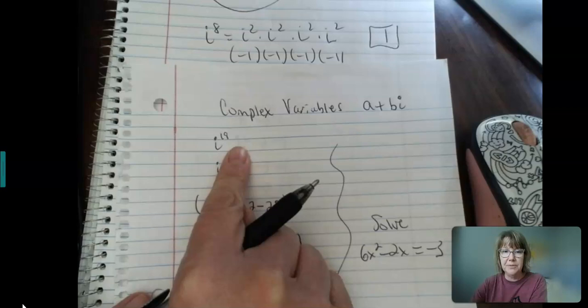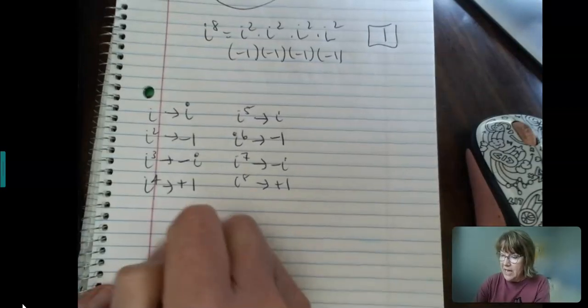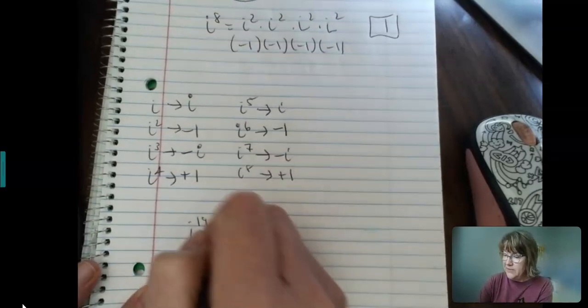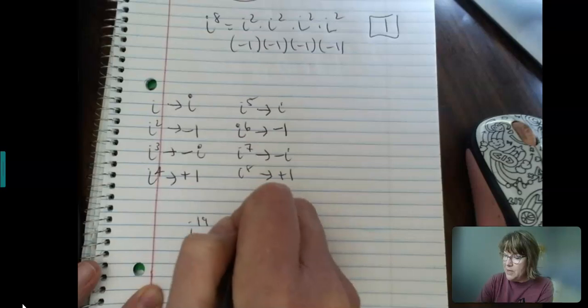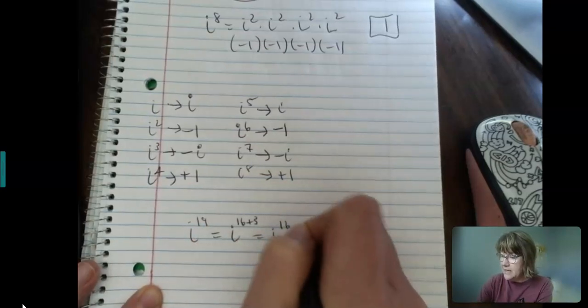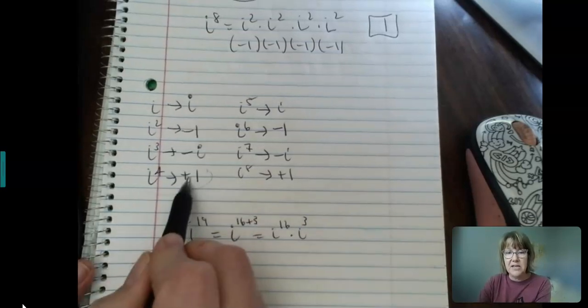All right. So if that is the case, let's go back here. i to the 19th and this one. For i to the 19th, you would be like, okay, let's see, what's divisible by 4? That would be 16 plus 3. You could write it like i to the 16th and i to the 3rd if you wanted to. But that 16 is going to land here.